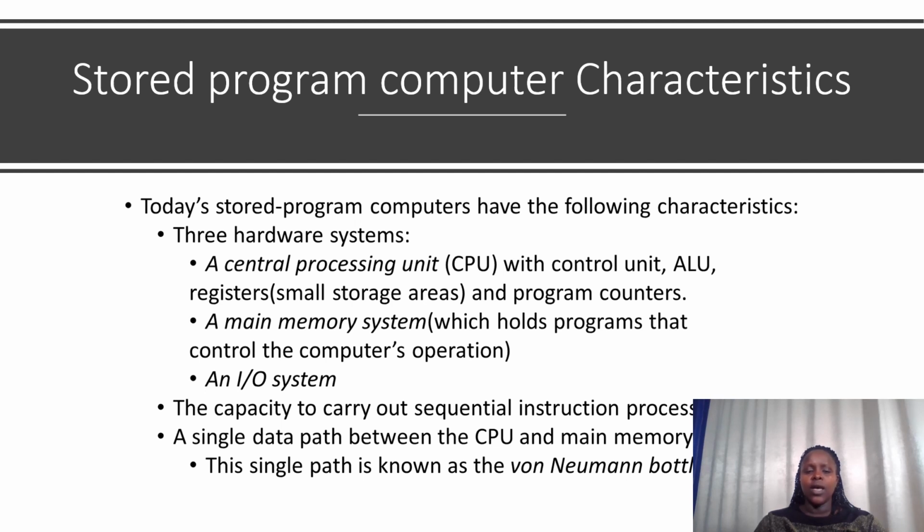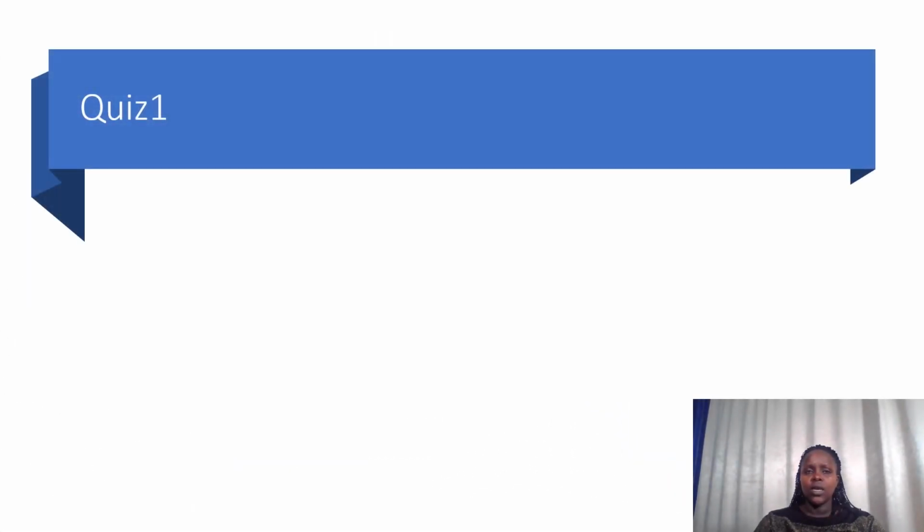Also, the last characteristic is that it has a single data path between the CPU and main memory. You know that for data to pass through the computer, it needs to pass through the buses. So it has a single data path between the CPU and the main memory. This single data path is known as the von Neumann bottleneck. It is a disadvantage of this model.